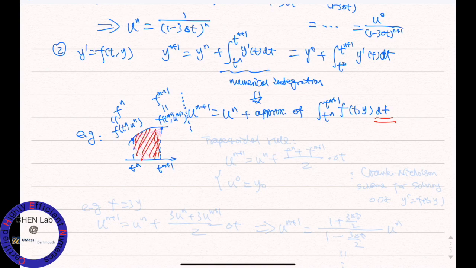What we did for the forward Euler is essentially we take the left hand, we take this square. But for example, we can do the trapezoidal rule. If we do the trapezoidal rule, I take this, and I'm going to get the trapezoidal rule.